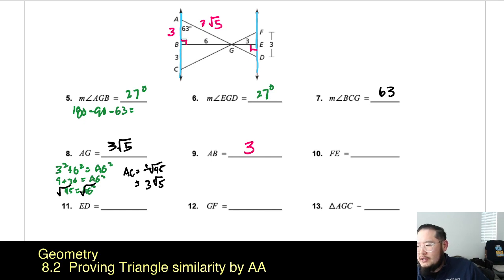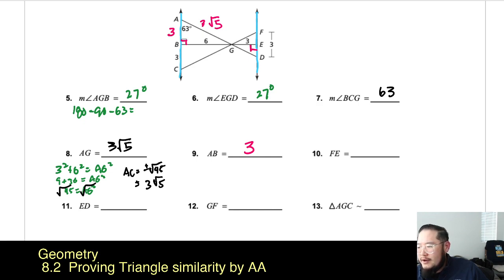We know what some of these angles are. They both have angle similarity. And the same goes with triangles like CBG and triangle FEG. They have angles and sides that happen to be congruent.